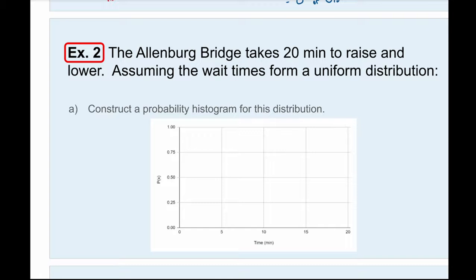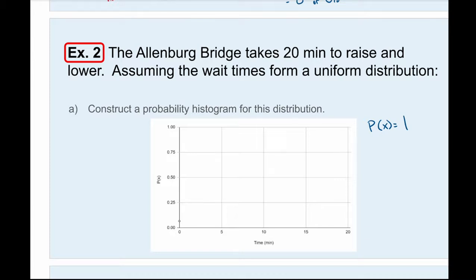I need to figure out what the probability is. Because I know that it's a uniform distribution, the height has to be uniform across, and I know that the probability has to add up to 1.